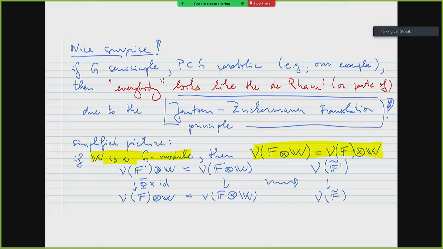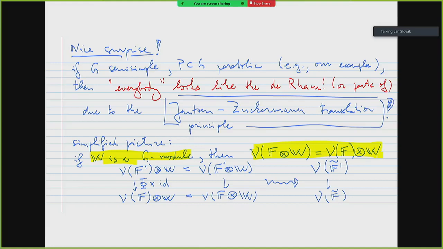Which is following the paper with Mike where we did it. So we have got a P module F and a G module W. And the observation is that the induced module for a tensor product of those two modules happens to be simply the induced module of the P module tensorized with this finite dimensional W, which is a very beautiful observation.